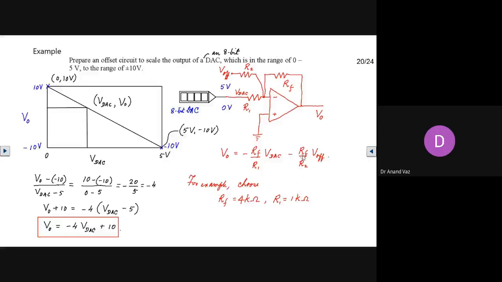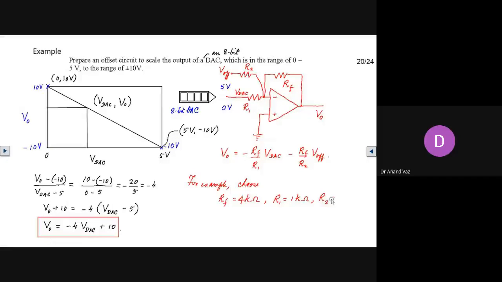And here we will have minus 4 divided by R2. Now we can choose V offset and R2 depending upon the power supply that is available to us. In our case, let us take R2 as equal to 4. If you want, you can take it as something else, it's just an example.